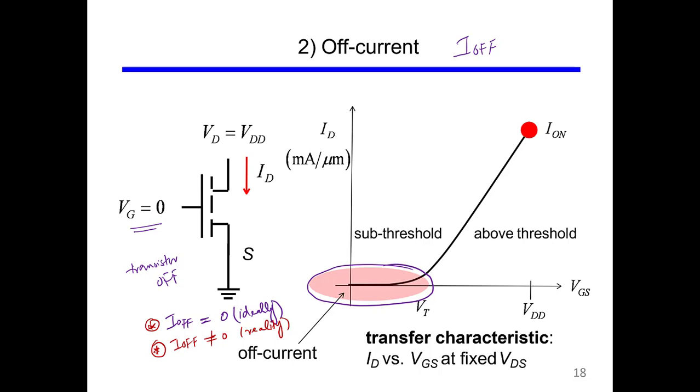You saw this characteristic, which we call the transfer characteristic, because on this axis we have an input which is VGS, and on this axis we have our output which is ID. The current is almost 0 before the threshold voltage, and beyond the threshold voltage it increases exponentially. So this region is also called the subthreshold region.